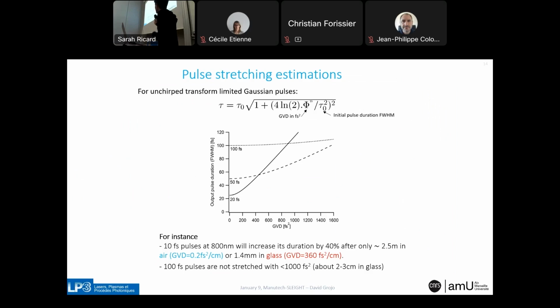If you take a 100 femtosecond laser pulse, you will need at least this amount of GVD to start to see an effect. But this amount of GVD is obtained if you propagate 2 or 3 centimeters of glass, which is not huge. And in an experiment, you can easily propagate through a few centimeters of glass. So you also have to be aware of this if you want to make experiments with well-known parameters.